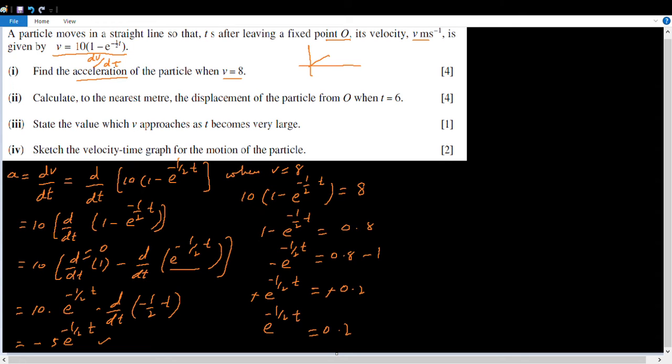So now for this e power minus 1 over 2t we will substitute its value, that is 0.2. When you substitute it here, because this is a, this implies a is equal to minus 5 into 0.2.